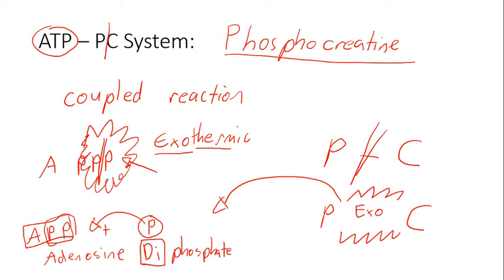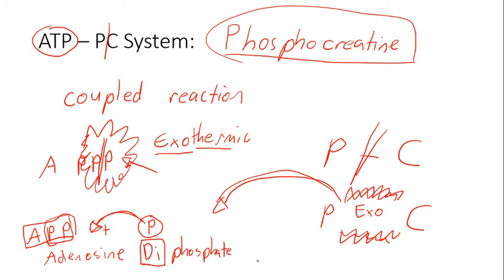Okay, now in order to recreate ATP so we can then break it down again, we use the exothermic energy that was released when we broke down phosphocreatine. So when we break down phosphocreatine into a separate phosphate molecule and a separate creatine molecule, the exothermic energy released can actually be used to resynthesize ADP, or adenosine diphosphate, to recreate our friend adenosine triphosphate.